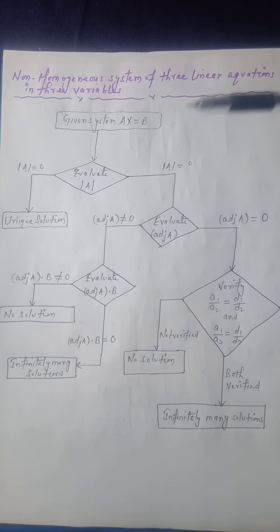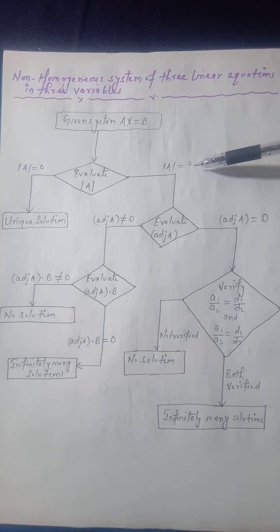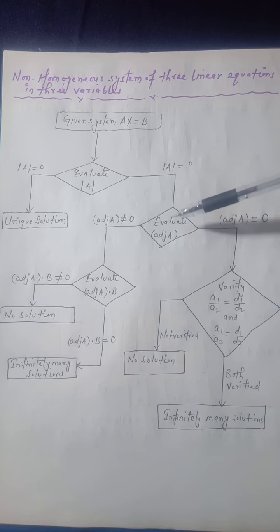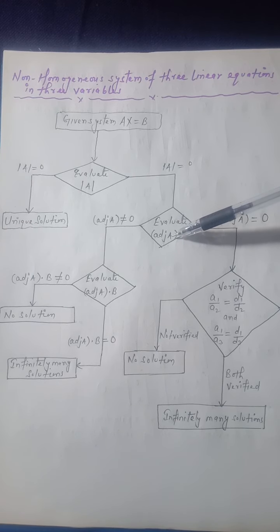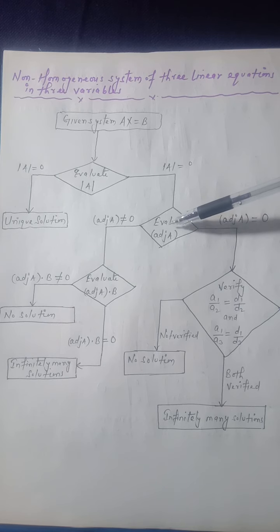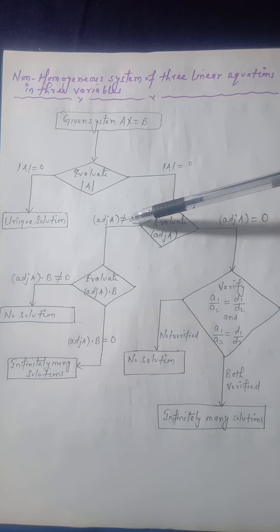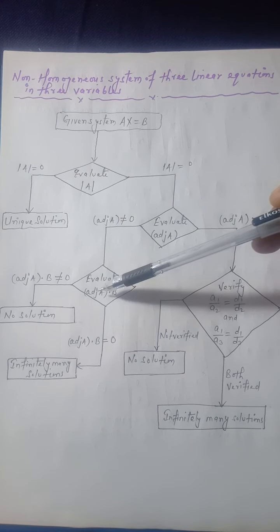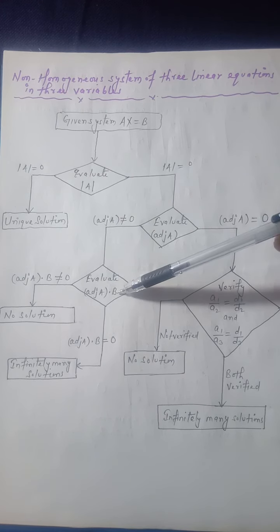But suppose your determinant of A is 0, then you have to calculate adjoint of A. Please note one thing, in the previous case we were calculating adjoint of A into B, but here you have to calculate only adjoint of A. Okay, so when adjoint of A is not a null matrix, then again you have to calculate adjoint of A into B, which is another factor.